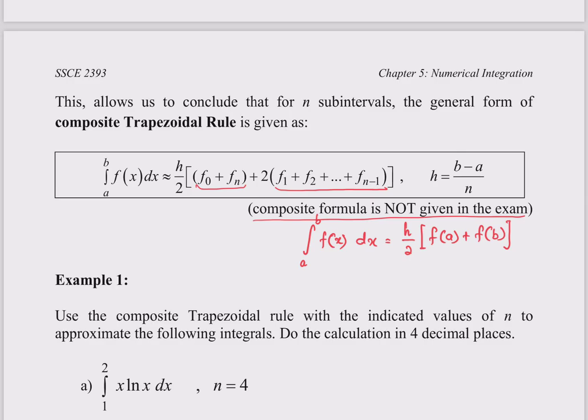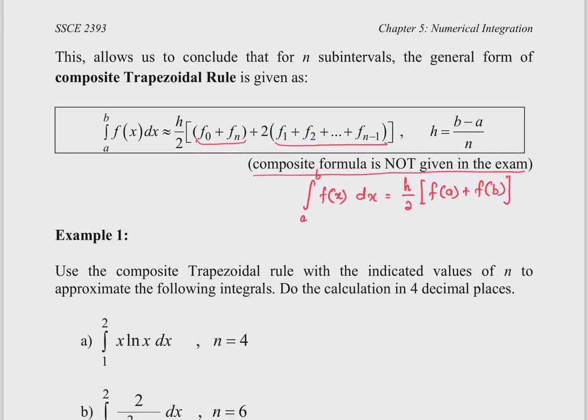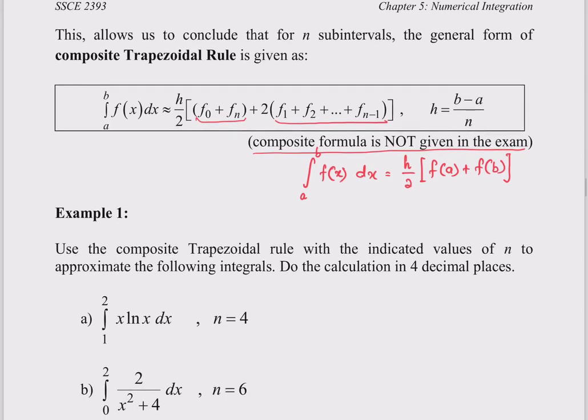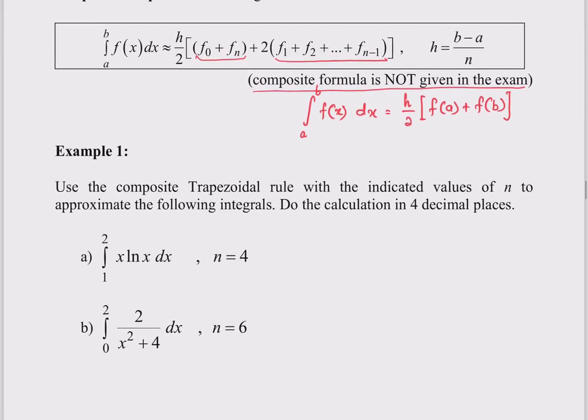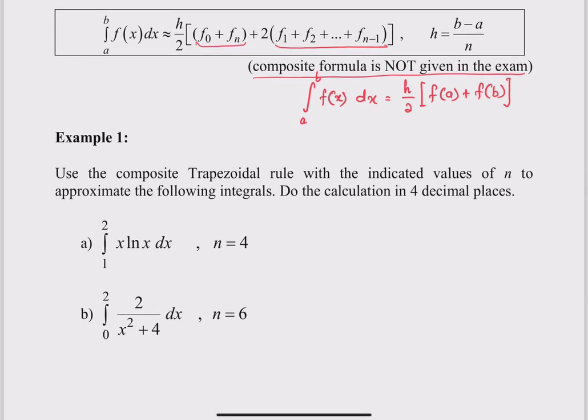If you want to use it for many intervals, you need to memorize the formula in general form. Okay, so now we want to apply the formula to the examples.